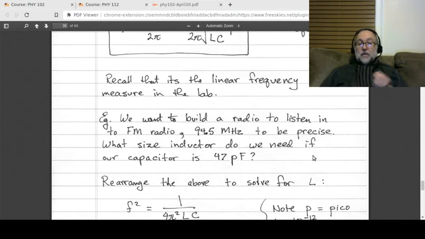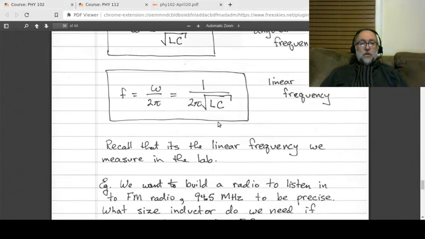What size inductor do we need if our capacitor is 47 picofarads? Okay, now pico is very small, but you do need a small capacitor for this one. And so the question is basically we're going to use this equation here. The frequency, I told you, is 94.5 megahertz, and I tell you the capacitor.